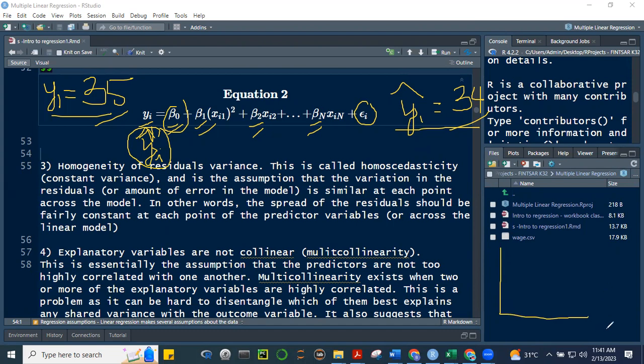Let's say this is our residual, this is our epsilon, and this is our x value. When we plot this, the residual should behave in such a way that it's random, like this.